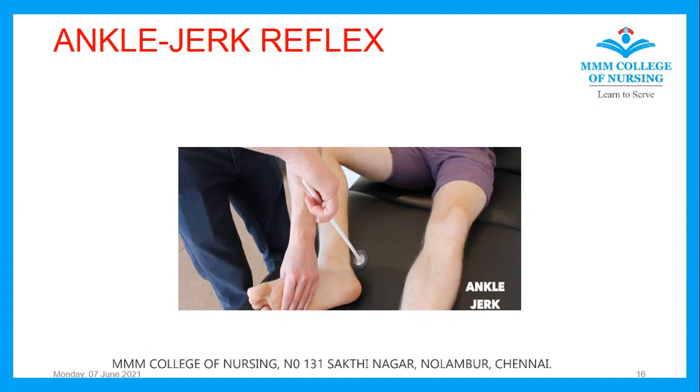Then tap the Achilles tendon with the tendon hammer, and observe for contraction of the gastrocnemius muscle with associated plantar flexion of the foot. If the reflex is present, it is normal. If the reflex is absent, the patient has developed advanced peripheral neuropathy.